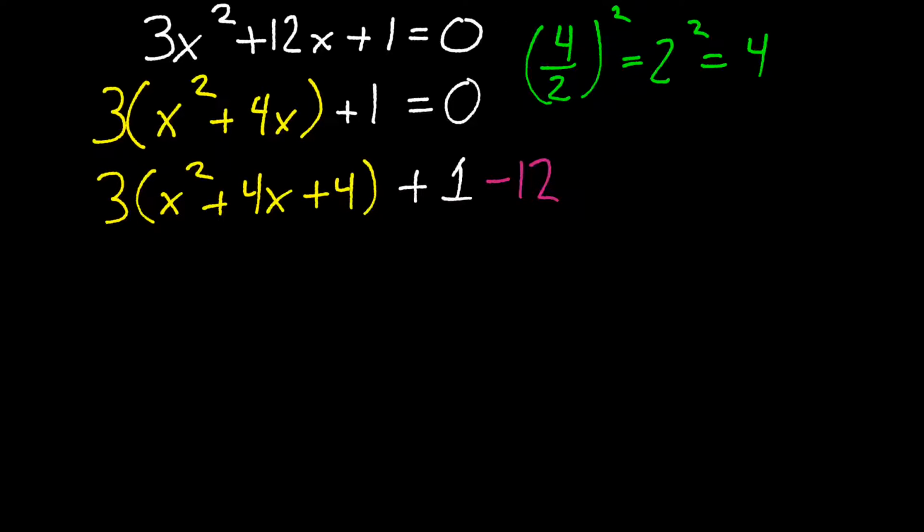12. Let me say that again. When I used my completing the square method and I got 4, I put it into this quantity. This quantity, as a whole now, is a perfect trinomial, but it's being multiplied by 3. So since I'm not just adding a 4, I'm adding 3 times 4, I have to subtract 3 times 4, which is 12.